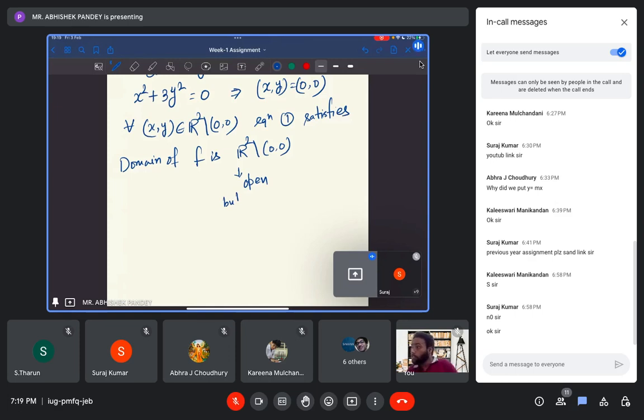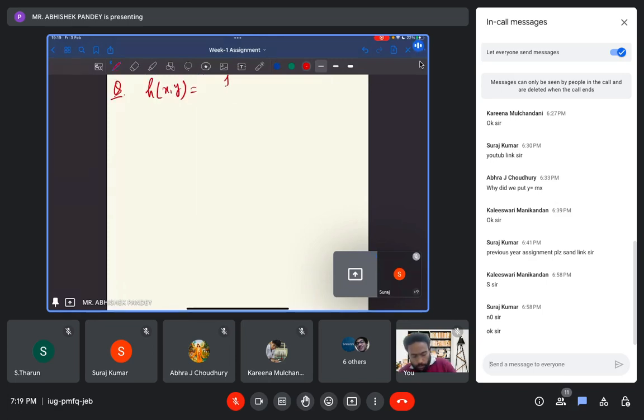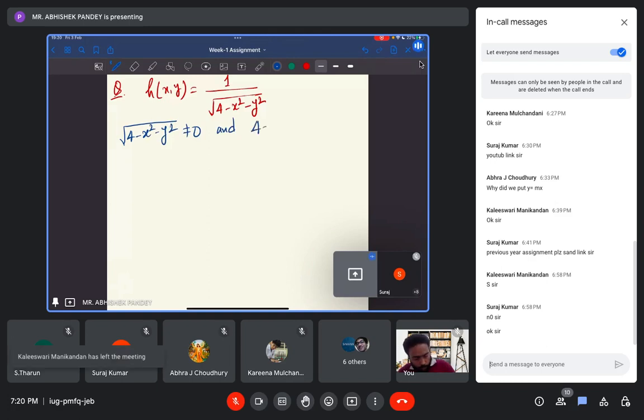Next question is, let h of x comma y is equals to 1 by root over 4 minus x square minus y square. We need to check whether the domain of h is open and bounded or not. First of all, for this to be defined, this should not be equals to 0, and 4 minus x square minus y square should be greater than equals to 0.